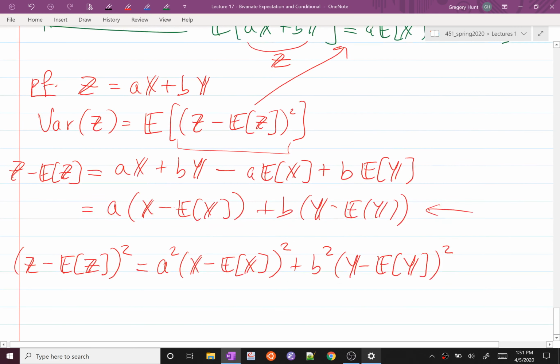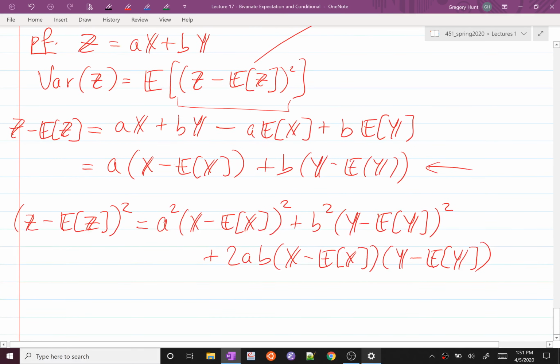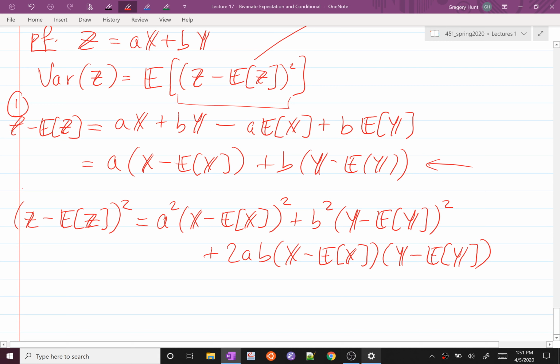And then I have to include the cross product term, which is 2ab times x minus E of x times y minus E of y, right? And so this is like step 1, this is step 2.